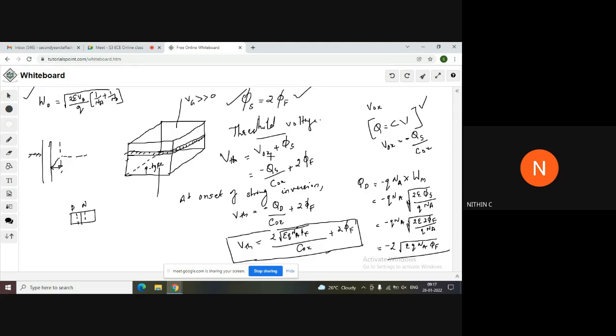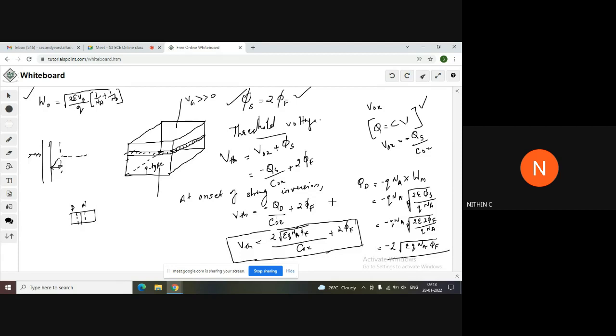Since the oxide layer is acting as a capacitance, we can take its equation as minus QS by COX, since we are having a negative layer over there, plus 2 phi F. Phi S we can call 2 phi F, since it is strong inversion. Threshold voltage usually happens at strong inversion. That's why we are replacing phi s with 2 phi F. Then all the remaining things have been done already.